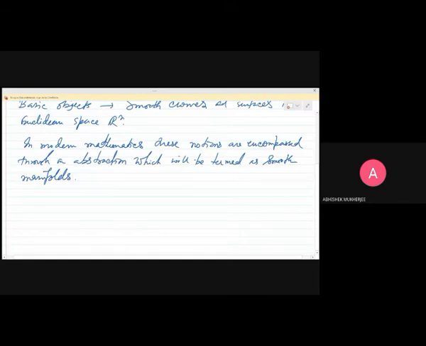Now, these notions in general have two motivations in particular. For the first one, we should recall that the usual Euclidean space Rn is equipped with Cartesian coordinates, as we all know.